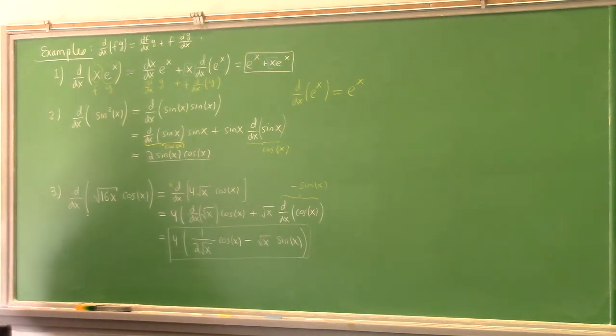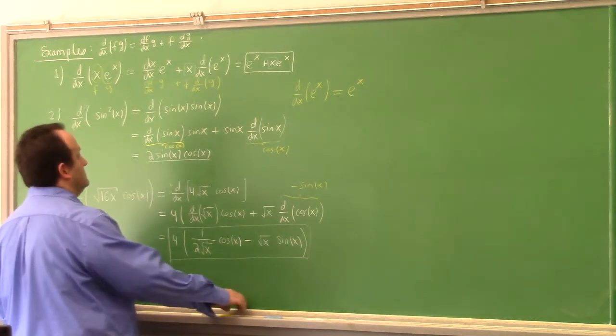For question 2, if this is sine squared x, why is the derivative, you have derivative of sine x times sine x? Why wouldn't you just put it in front like you did the second one?